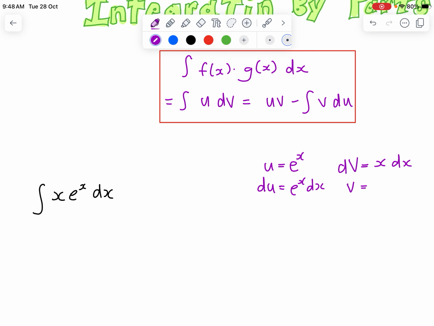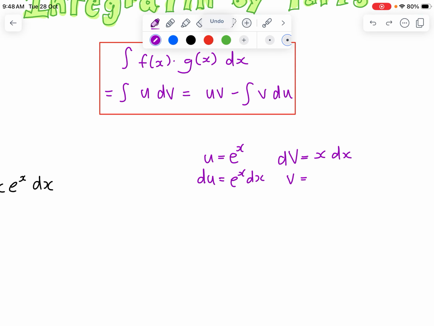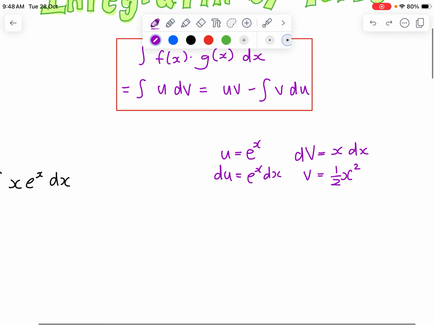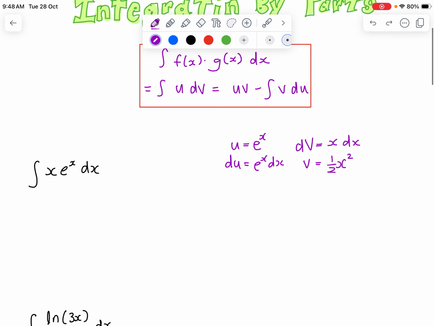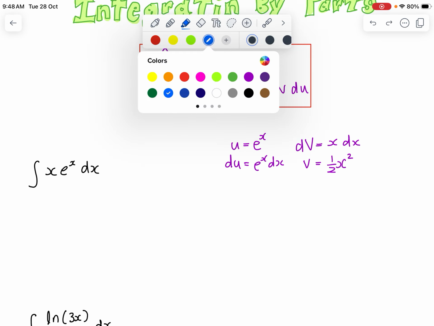So if we do that, we integrate it, right? To get v, we have to integrate x, which is just x to the power of 2 over 2, and we can do plus c, but in this case, it doesn't really matter. So if we use this formula, what we want to do is multiply u and v.